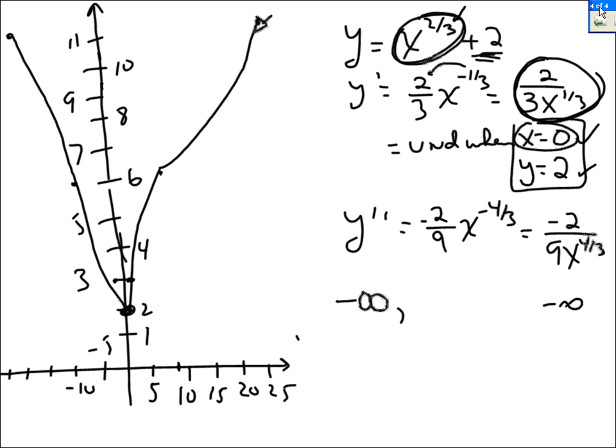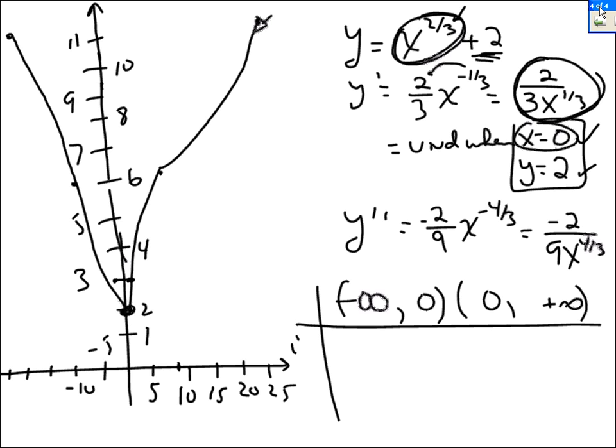It's just 0. So it goes from negative infinity to 0, and then from 0 to positive infinity. And we want to look at their signs, the plus minus signs of y prime in these two intervals and y double prime.